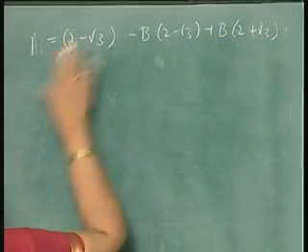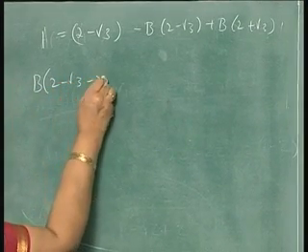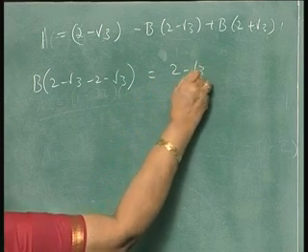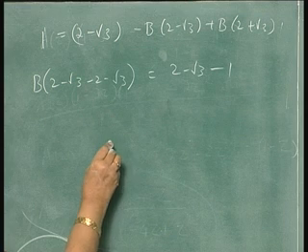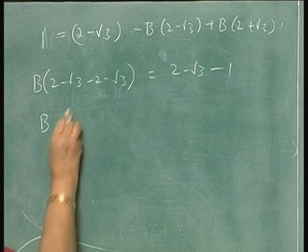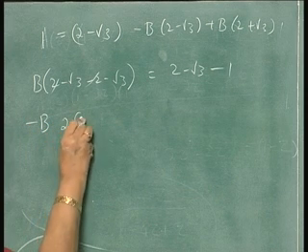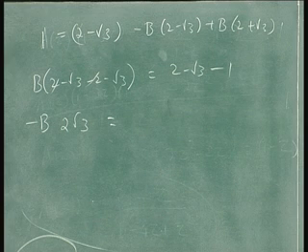If you take the b here, b into ((2 plus root 3) minus (2 minus root 3)) equal to (2 minus root 3) minus 1, that will be b into, this will get cancelled, 2 root 3 equal to 1 minus root 3.